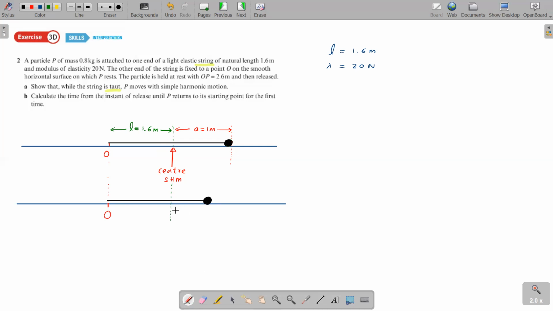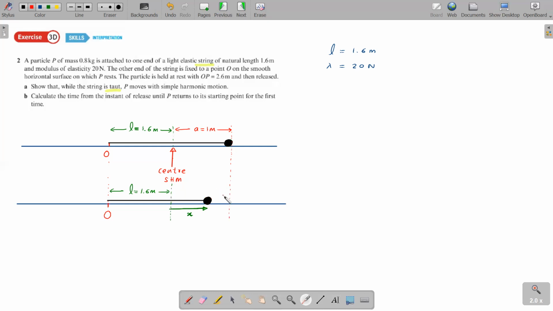And then x is the distance measured from the center. Can you see? Natural length is 1.6 meters. So I have considered a general point now. It's lower than the amplitude. So this is a general place where the object is moving.